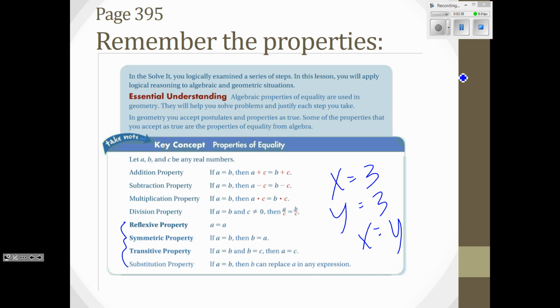This is what I might write down: if 2 different things are equal to the same thing, then they are equal to each other. I say it like that a lot, so it's probably just good to get that terminology in your brain. If 2 different things are equal to the same thing, then they are equal to each other.